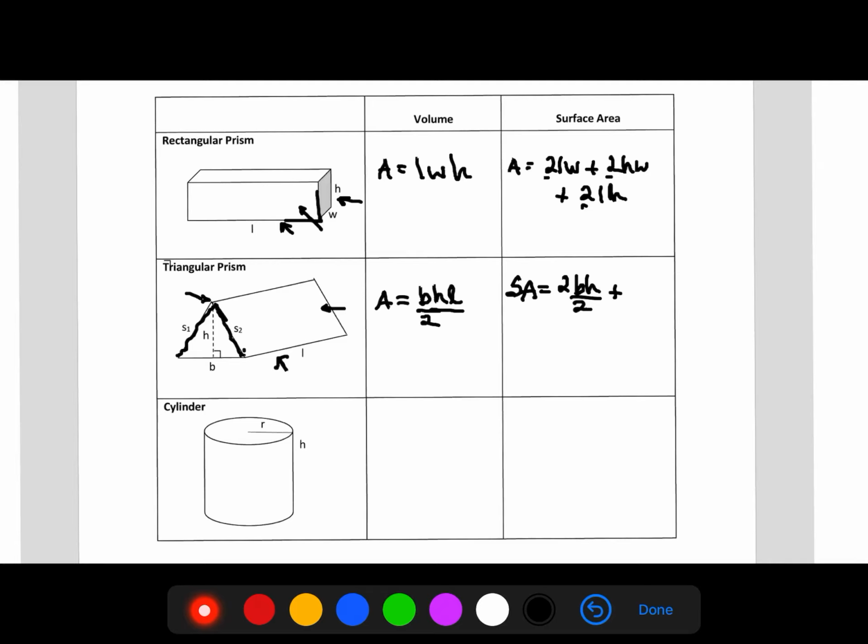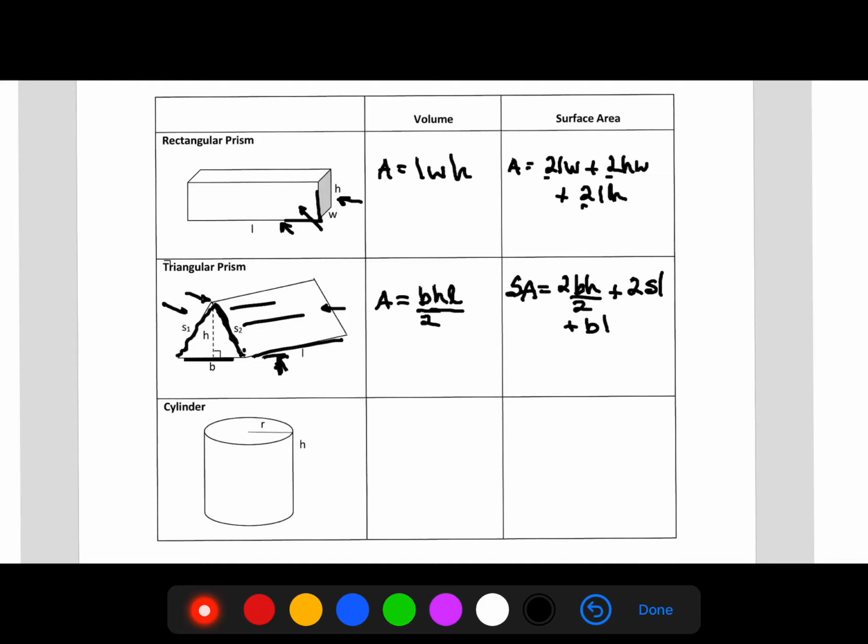Notice that our slant is going to be the width of 2 of our sides here. So we're going to have 2 slant times length. Slant times length gives us the area of this rectangle. We multiply that by 2 because we've got the same over here. And our third side, which is the bottom here, is going to be our base times our length.